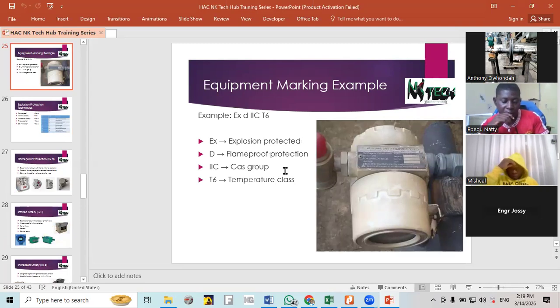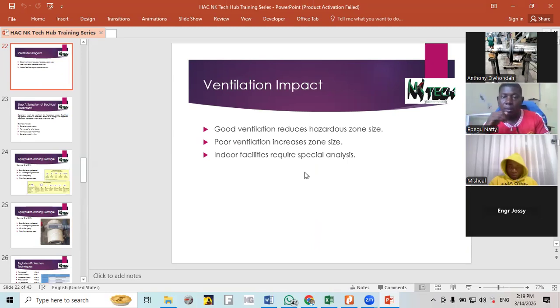Your classification of hazardous areas is very clear. But the only issue I have is that zone 0 classification. You mentioned that it is inside your storage tank.